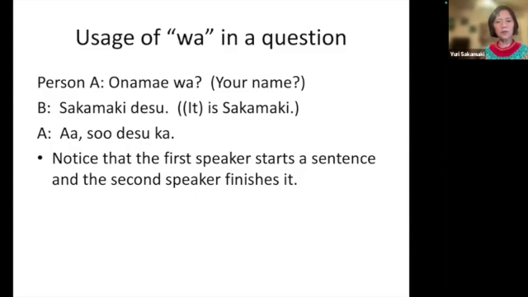So notice that the first speaker, A, starts a sentence, right? And the second speaker finishes it. So, お名前は坂巻です. That's a complete sentence. But it took two of us to finish. And we like that because that means we're on the same page.